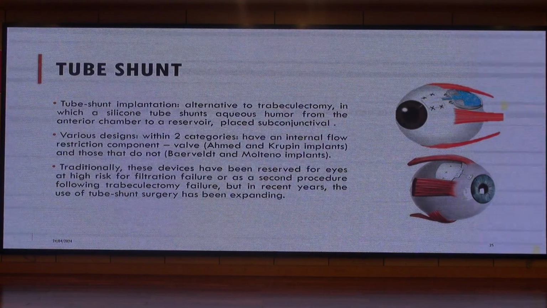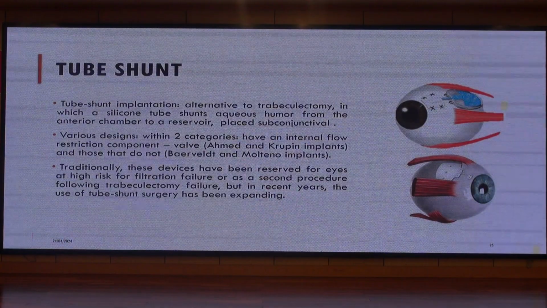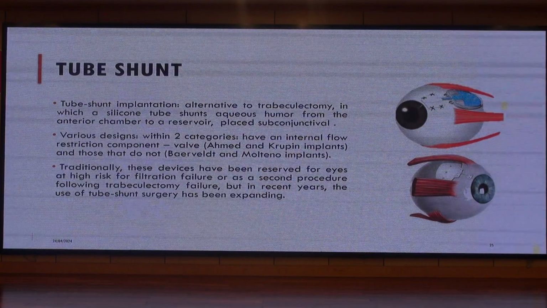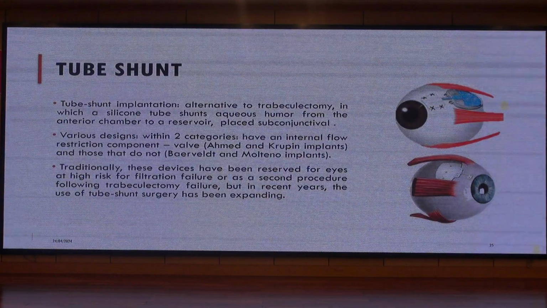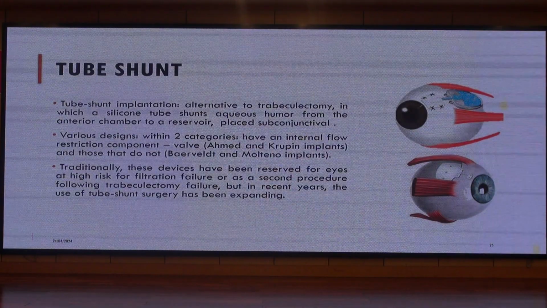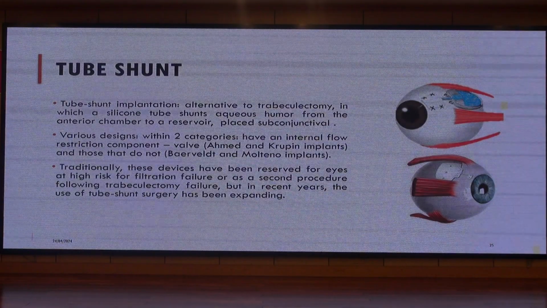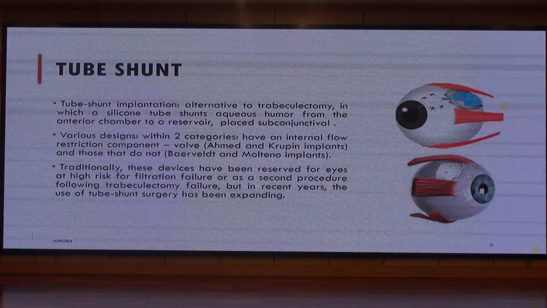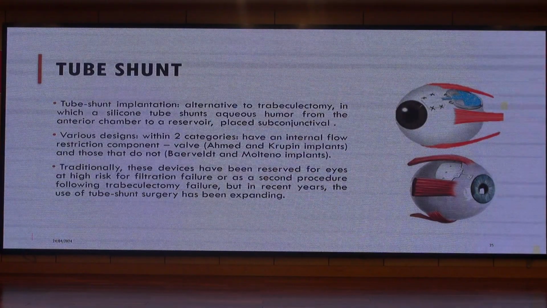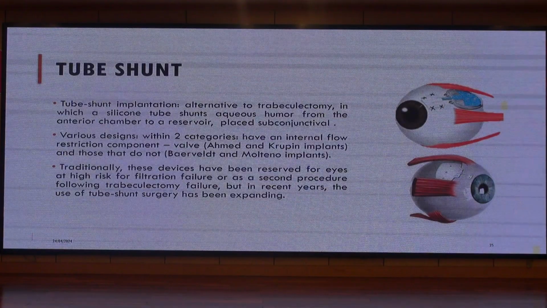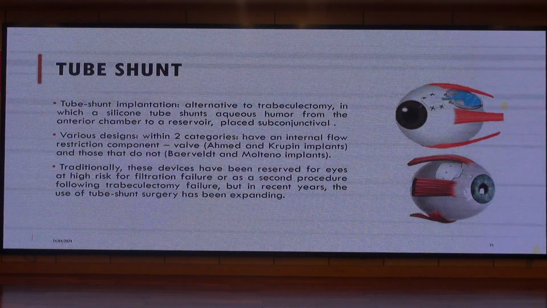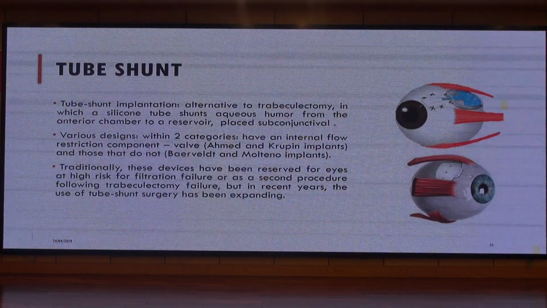There are two categories: one with internal flow restriction, like the Ahmed valve or Krupin valves, and the other category is those that do not have a valve structure, like Baerveldt or Molteno. Before, this device had been reserved for eyes at high risk for filtration failure or as a second choice when we had a trabeculectomy failure in the past.